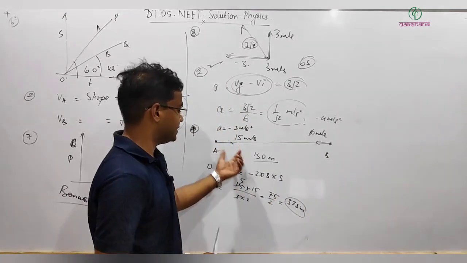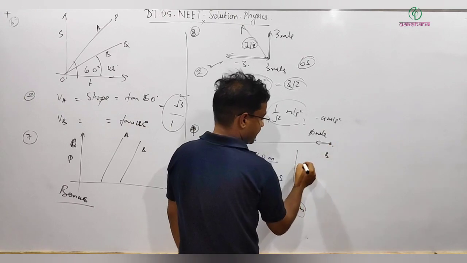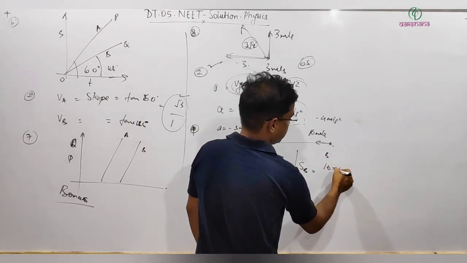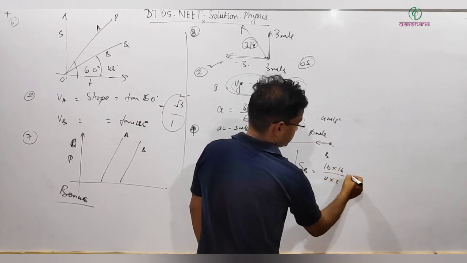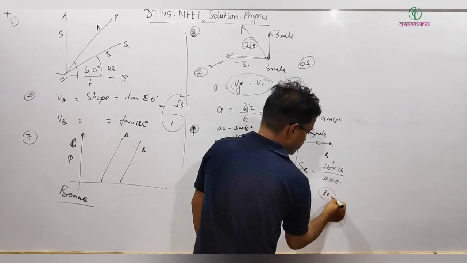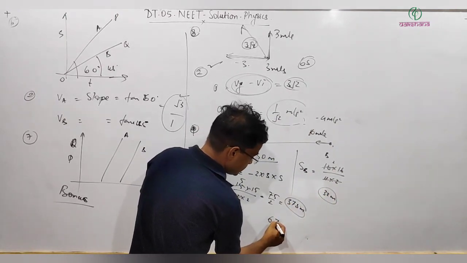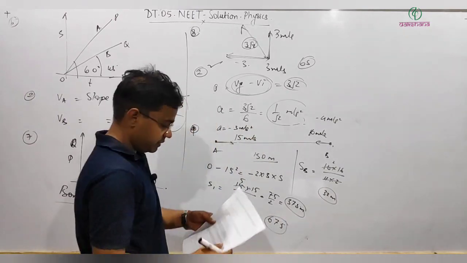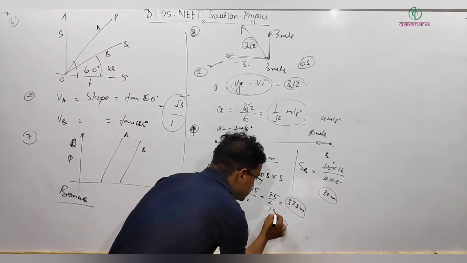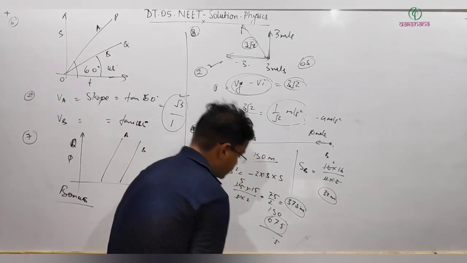So this car travels this much distance before coming to rest. Similarly for car B, S_B is equal to 16 multiplied by 16 divided by 4 multiplied by 2, and that will be equal to 32 meter. So total distance traveled is adding these two, so it's 67.5, and 150 minus 67.5.